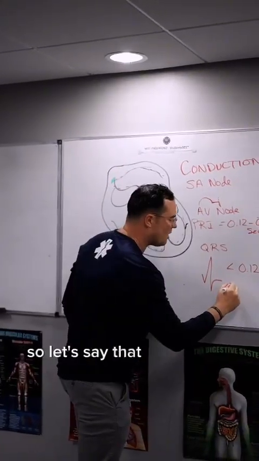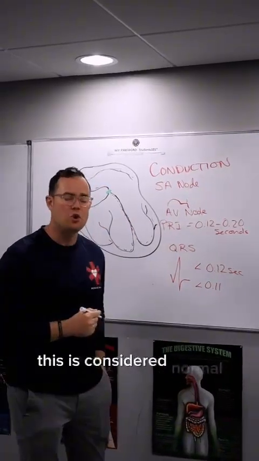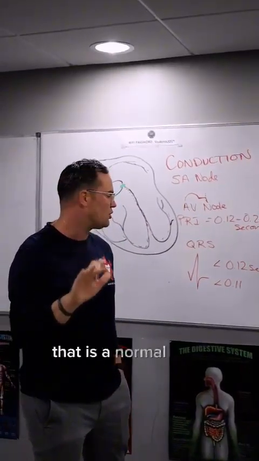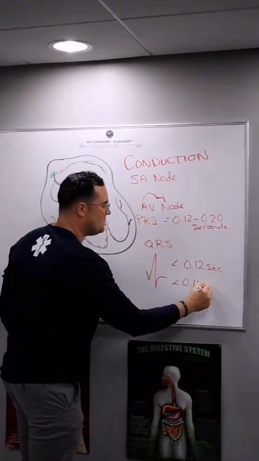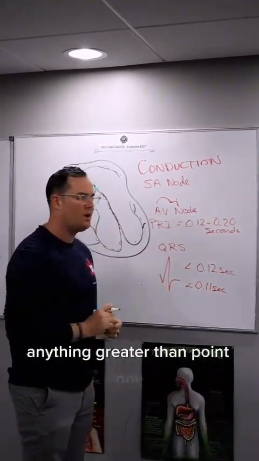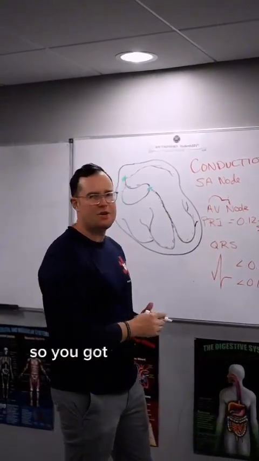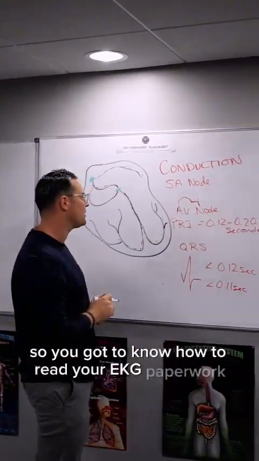So let's say that our seconds is 0.11. This is considered normal. That is a normal QRS complex in width or duration. Anything greater than 0.11 is considered wide and complex. So you got to know how to read your EKG paperwork.